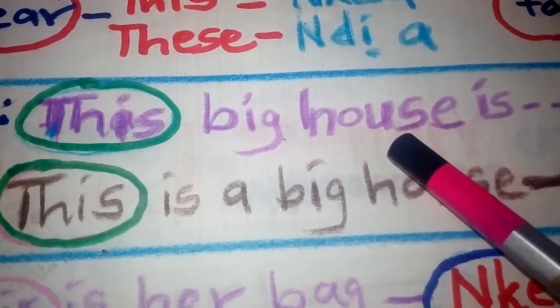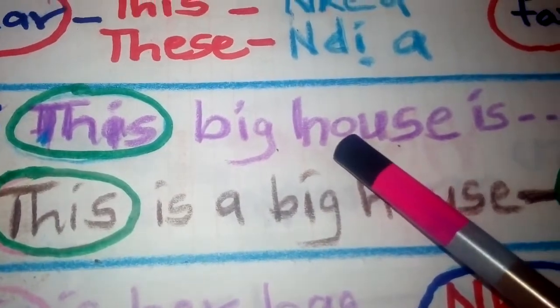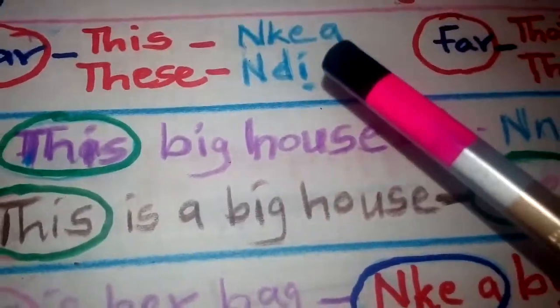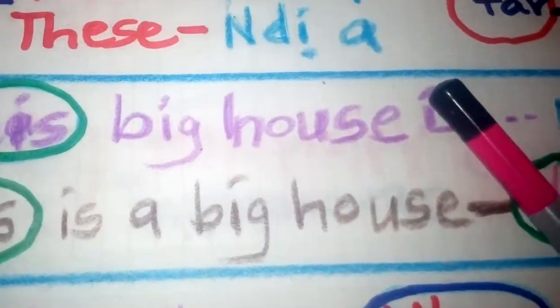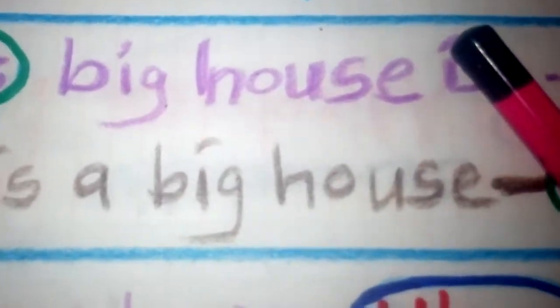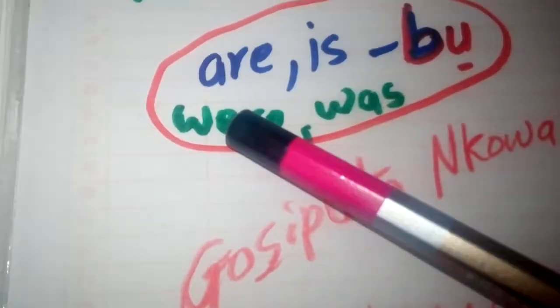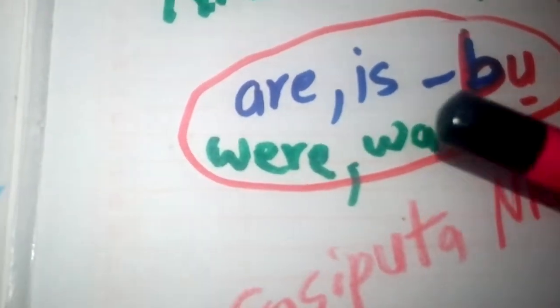So this is how you know the difference. You must have the noun or pronoun that it is describing in a sentence without any link. He doesn't need any link to do that. So he needs to point directly. He doesn't need the link, which is this is, that are, those were, she was.